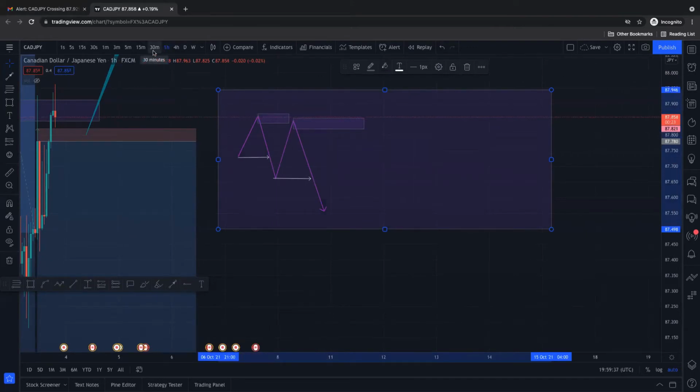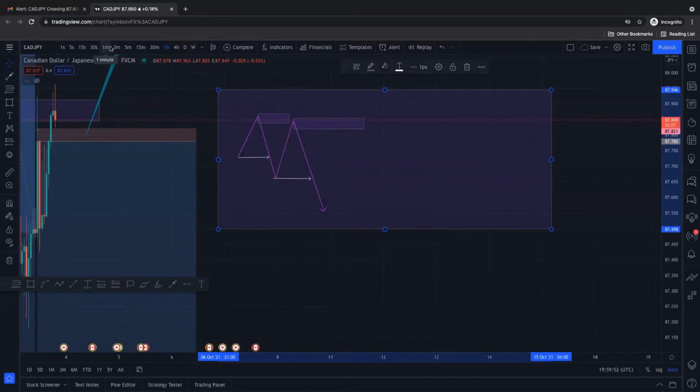If your order block is 4 hour, you want to see 1, 2, 3 on 15 minute. If you refine the order block to, let's say, 15 minute, then you want to see 1, 2, 3 on 1 minute.